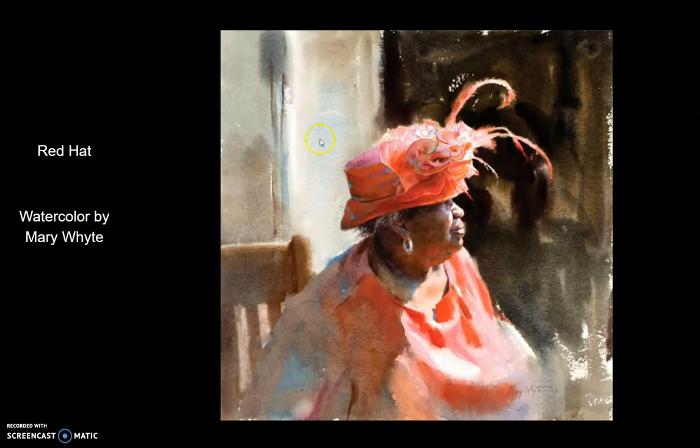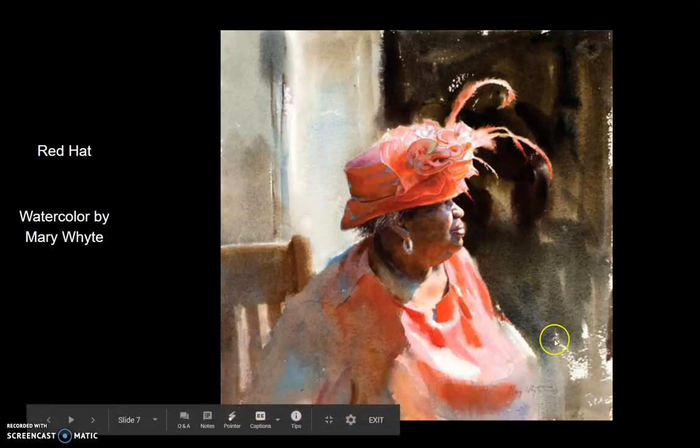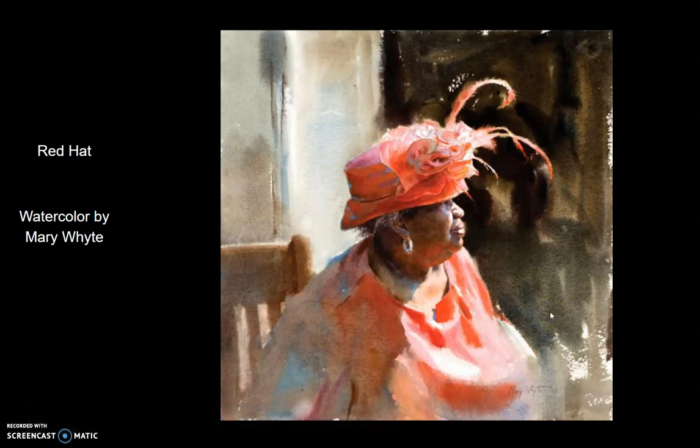That's where you have wet paint going onto dry paper. That can give you more control of these edges. So if you look, she's got hard edges all around the face. It makes the face really stand out, but then she gets really, really soft everywhere else. It's kind of like when a camera is slightly out of focus on everything but the subject, and she's created that effect through the watercolor.